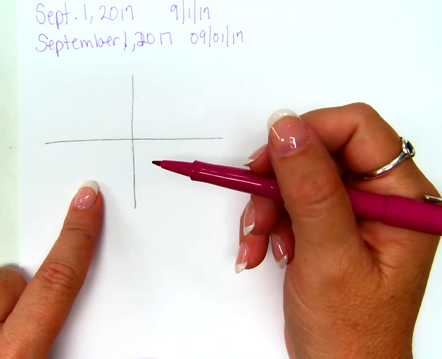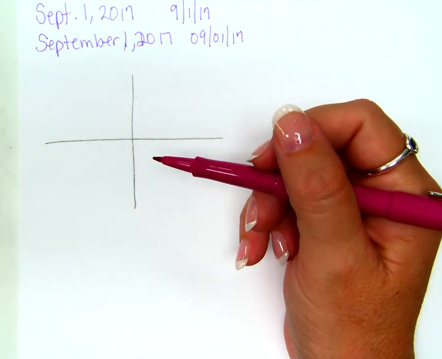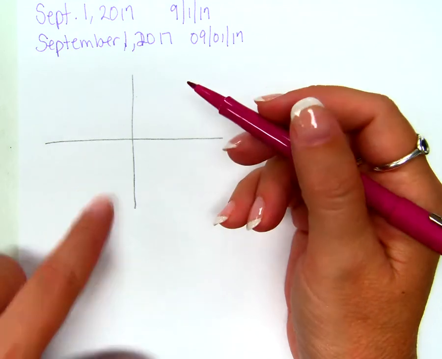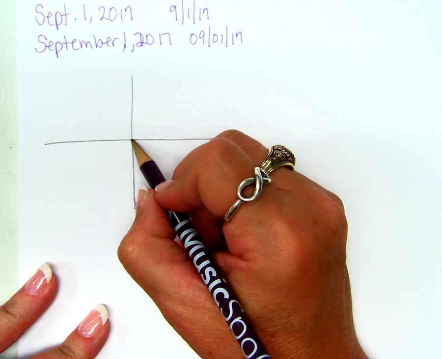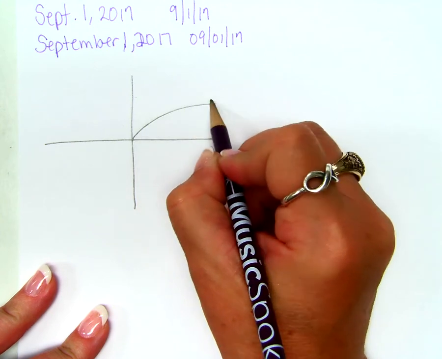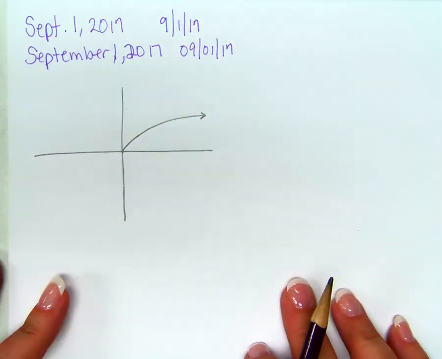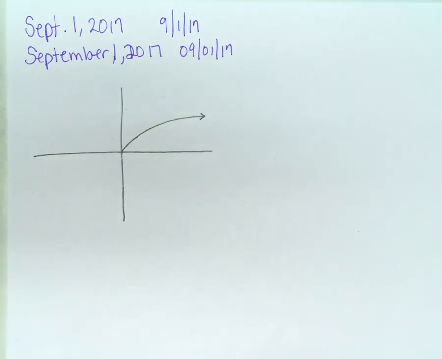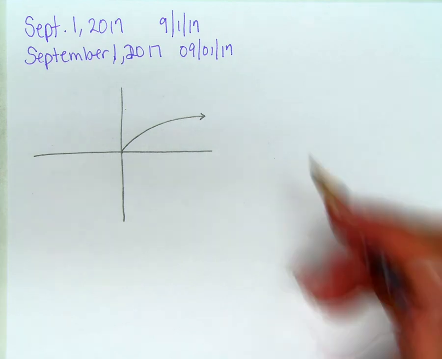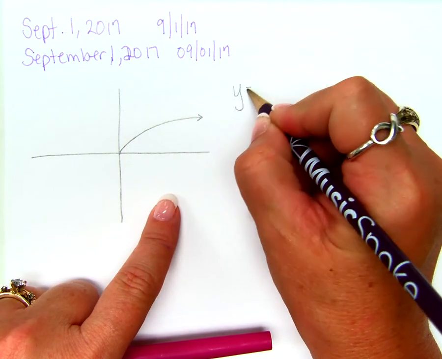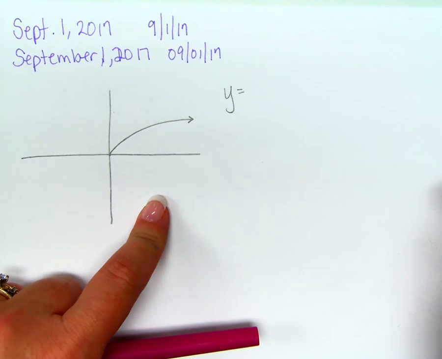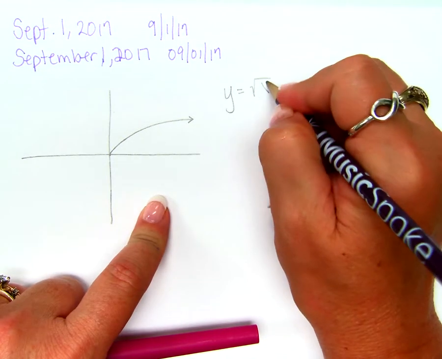No stealing. Okay? So let's start out and let's talk about this. Please tell me what parent function that is. That's a root. Close. Square root. It's a square root function, okay? That's a square root function, and what is its equation? Yeah, the square root of x, right?